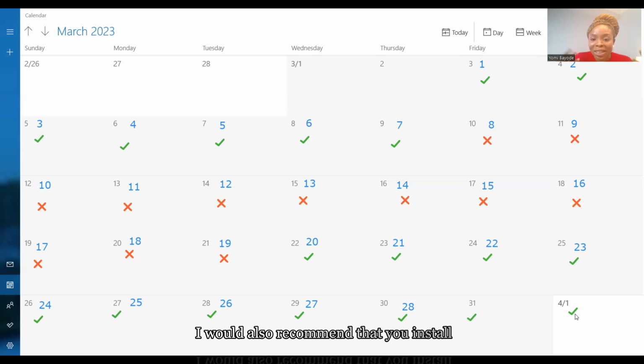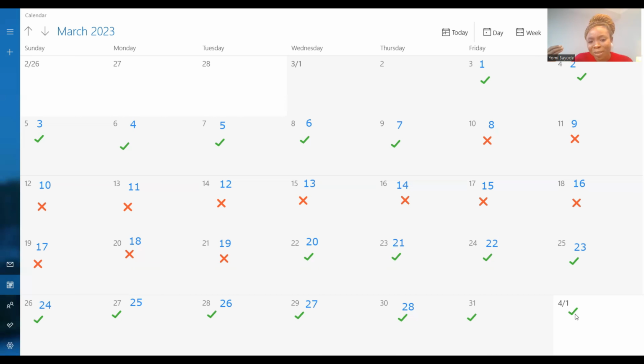I would also recommend that you install the Flow app. The Flow app can help you to also monitor these days. But if you cannot have access to Wi-Fi, well, you're watching this video, so I believe you have access to internet. But maybe if you are in a remote area and you do not have regular access to internet, then you should consider using the standard day method. Just get a calendar.